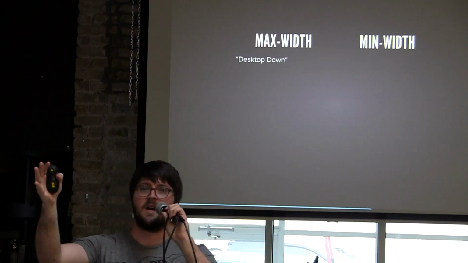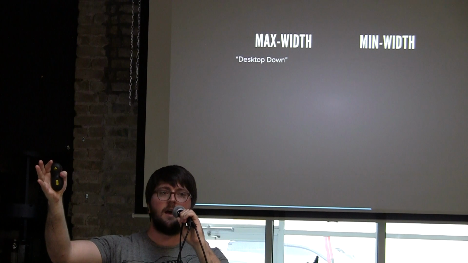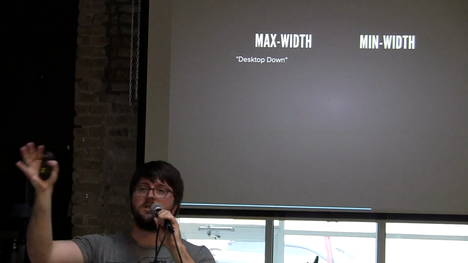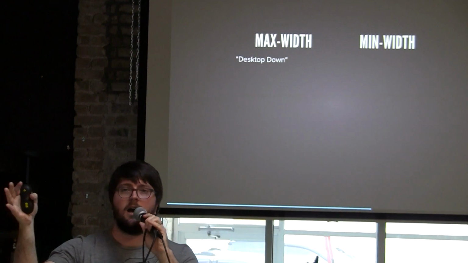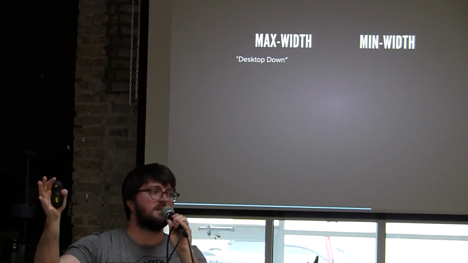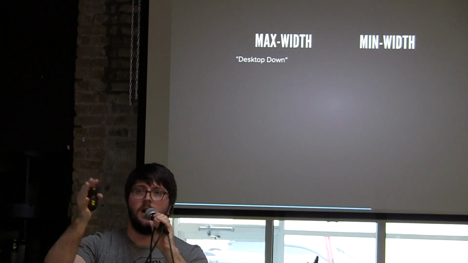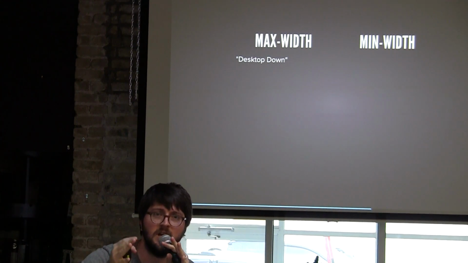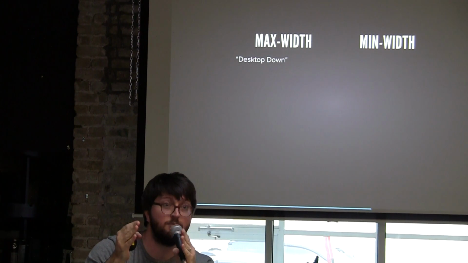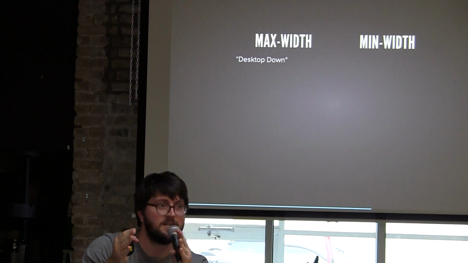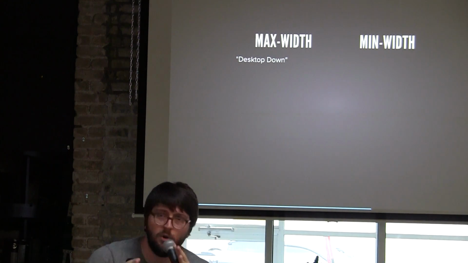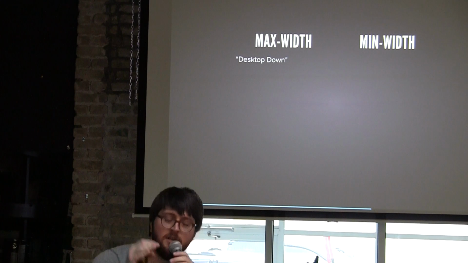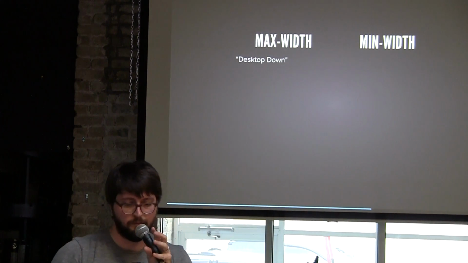You start with the design, and you say, if an iPad shows up, its max width is 768. So I had this cool design, and now I'm going to go under. Under here I'll design the site, but what if a device with a max width of 320 shows up? Well, I'll just write a bunch of other stuff. So you're going desktop down.